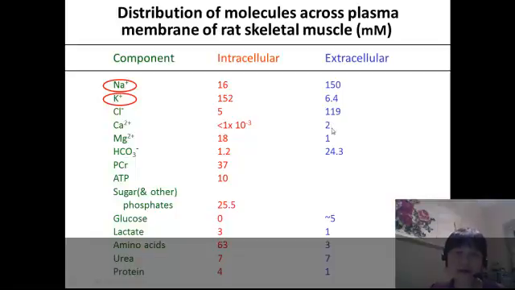And that is why calcium is a very important second messenger, because of the huge gradient in concentration between inside the cell and outside the cell.